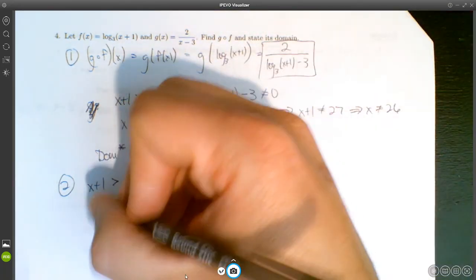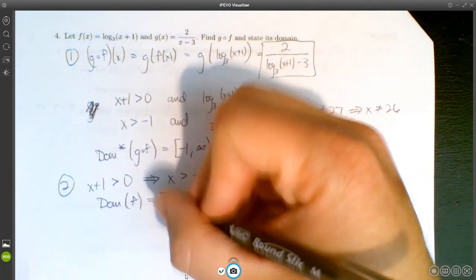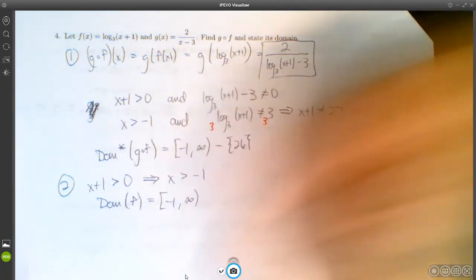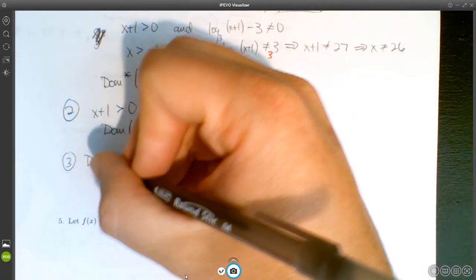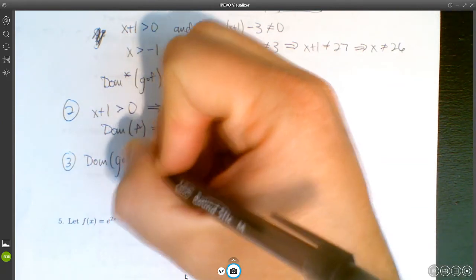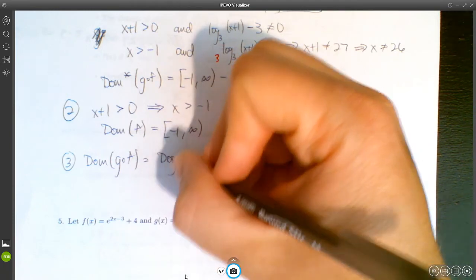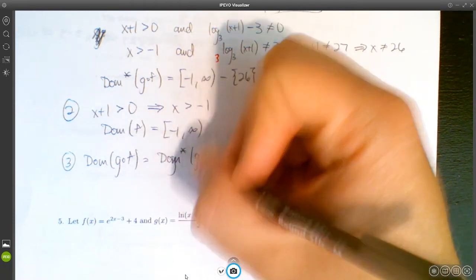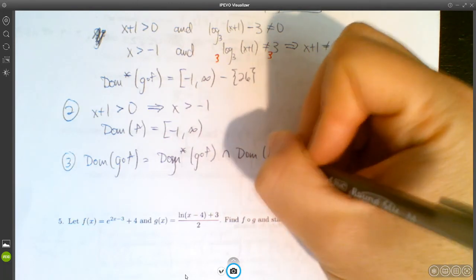So the domain of f is negative 1 to infinity. That means that the domain of g of f is going to be the domain star of g of f intersect the domain of f.